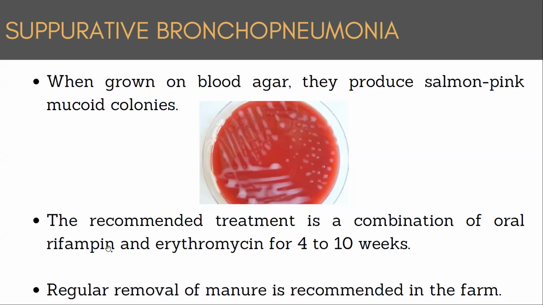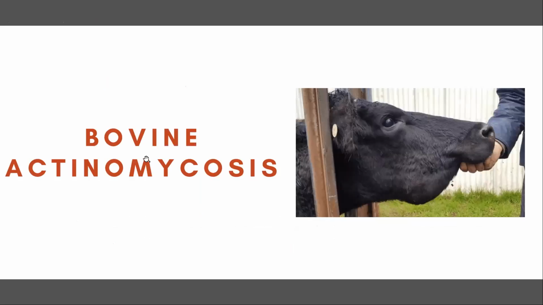So combination of rifampin and erythromycin for almost 3 months of treatment. Regular removal of manure is recommended in the farm since present ang bacteria sa poop ng mga foals. If aalisin mo yun, yung mga susceptible foals, yung mga healthy pa na foals, hindi sila makakakuha ng disease if ever. So yun.